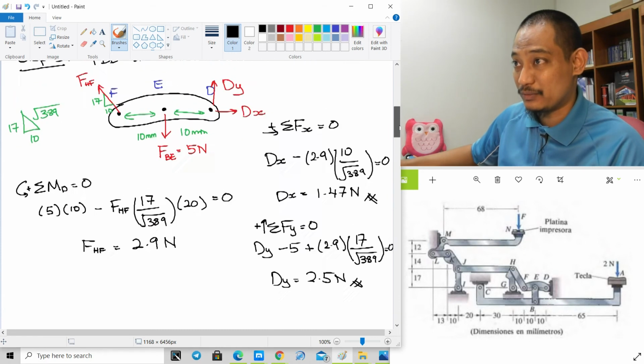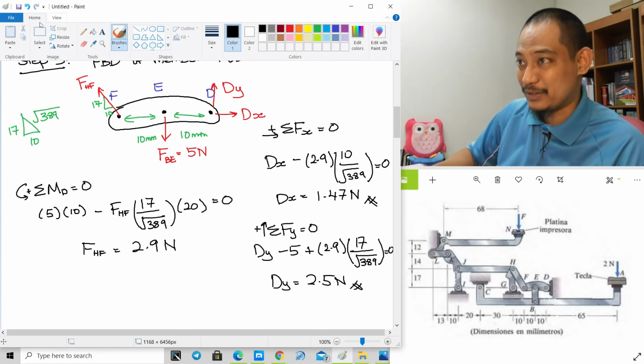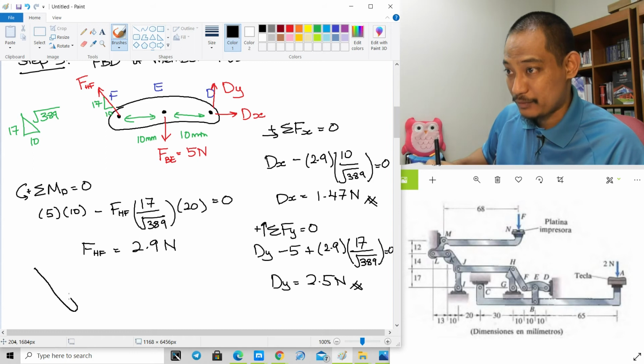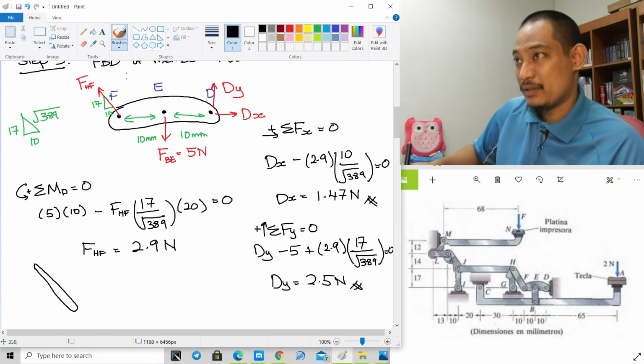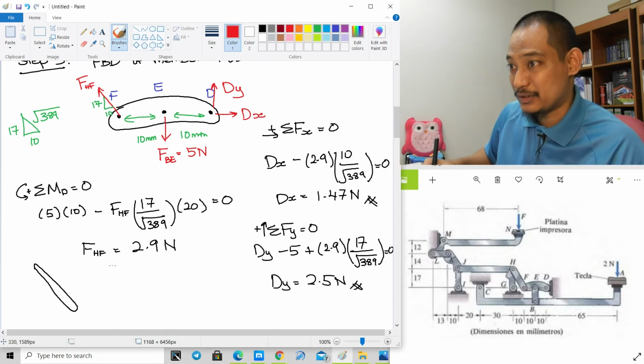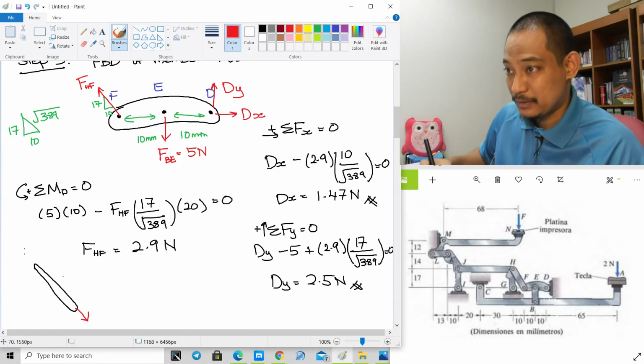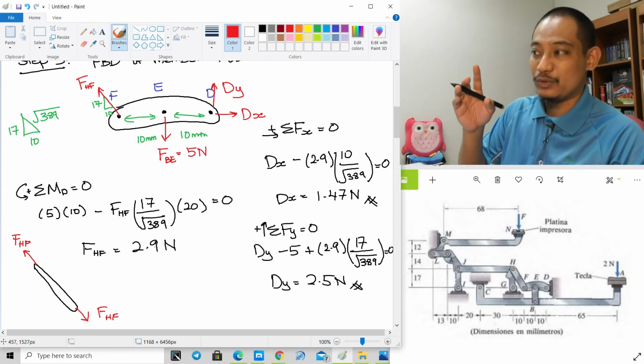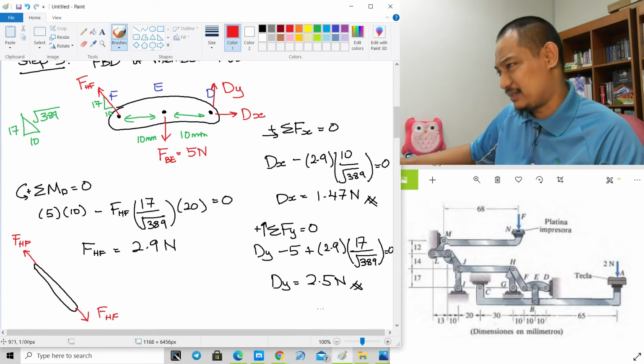If I draw the two force member here, it will be shaped like this, and the force will be simply like this, FHF, which we now know as 2.9 Newton.